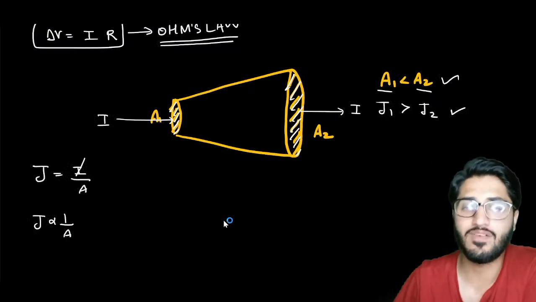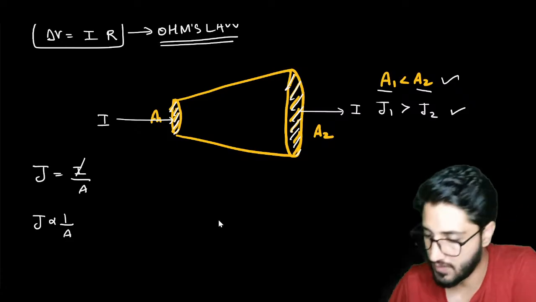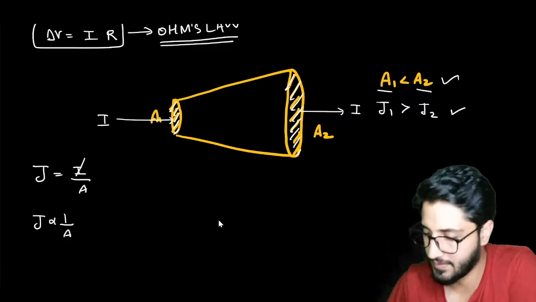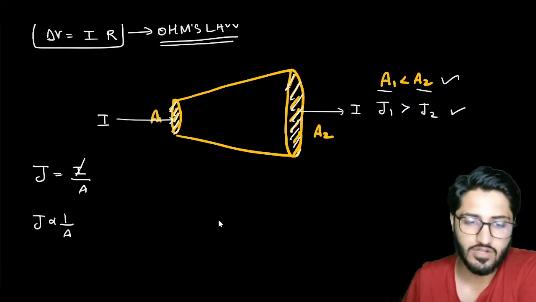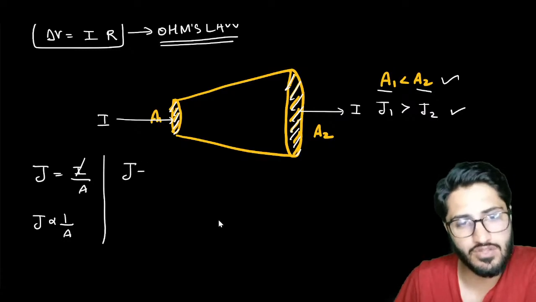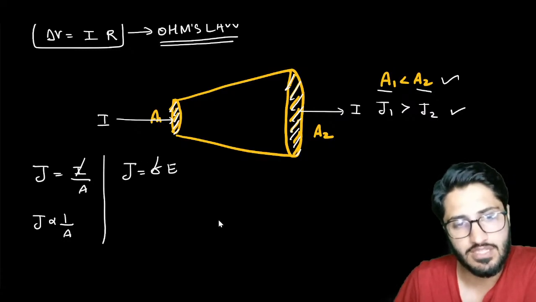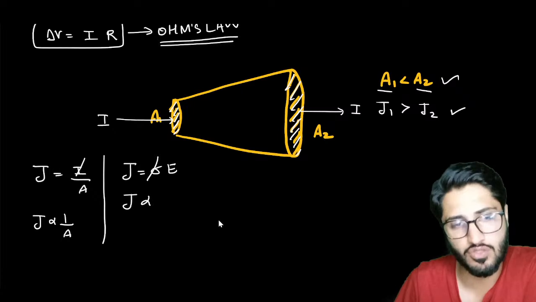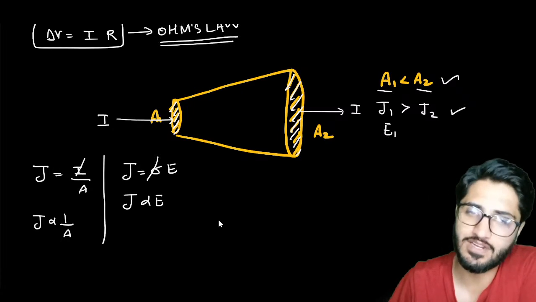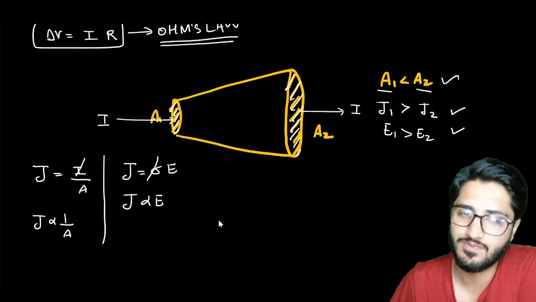Okay. Now electric field. Good beta. Now we will talk about E. One more formula. Sir, J is equal to sigma times E. Sigma is constant, so J is proportional to E. So can I write E1 is more than E2 then, by this equation?